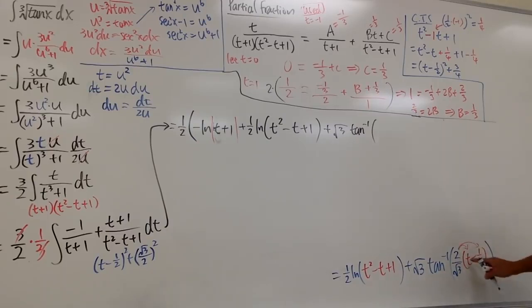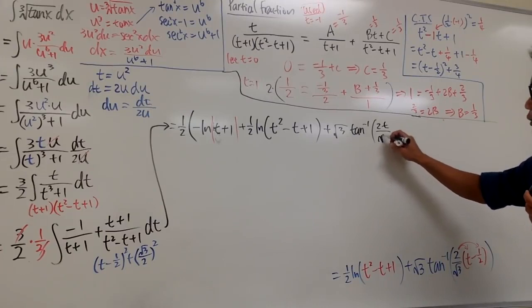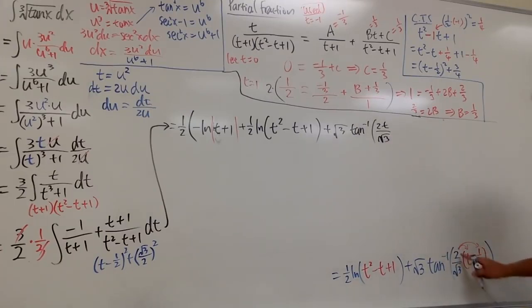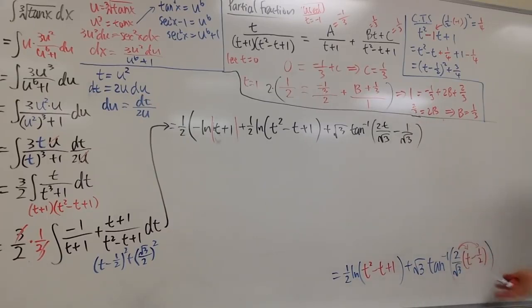Why not? We have t over square root of 3 right here, this 2t over square root of 3. And then this times that, the 1/2 and the 2 cancel also. We have minus 1 over square root of 3, like that, yeah? Okay, so this times that is that, and so far so good.